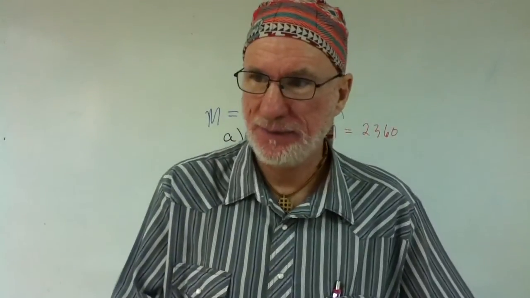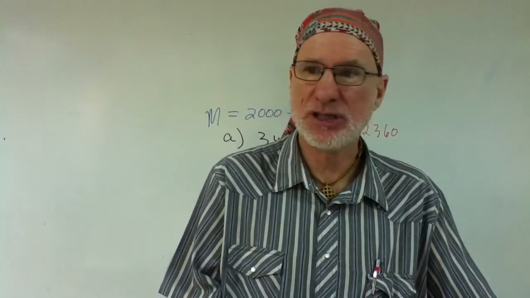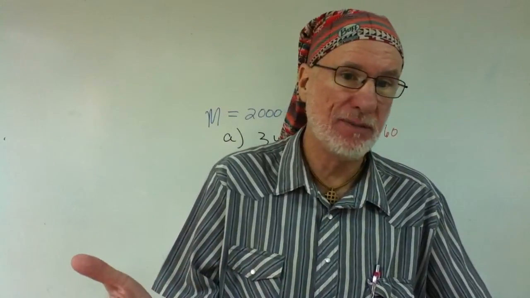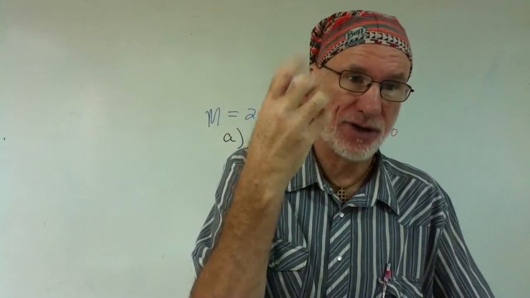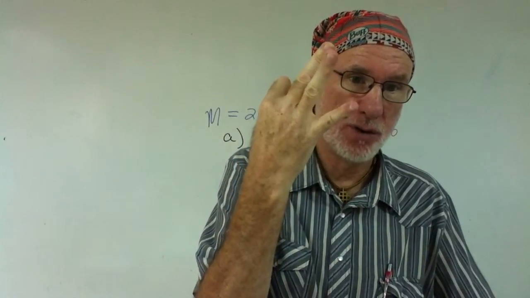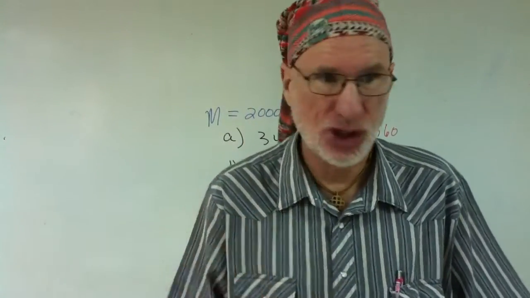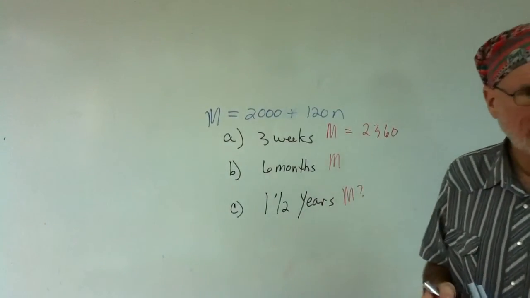Didn't you do averages last year? Anybody do averages, mean, median, mode? Those are averages. There's three kinds of average: mean, median, mode. So a better average would probably be 26 weeks, don't you think?